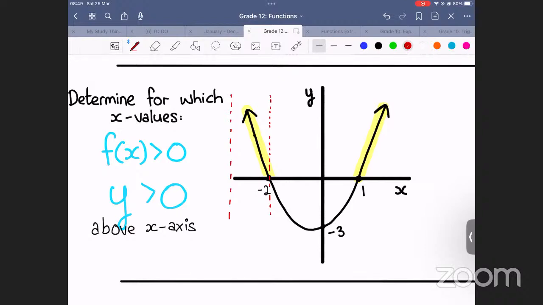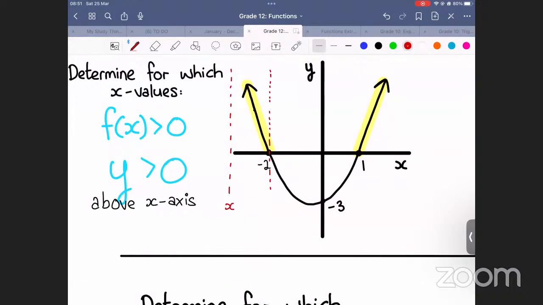Just for the left part. 100% correct, right? You guys are awake today. The most left part is negative infinity.